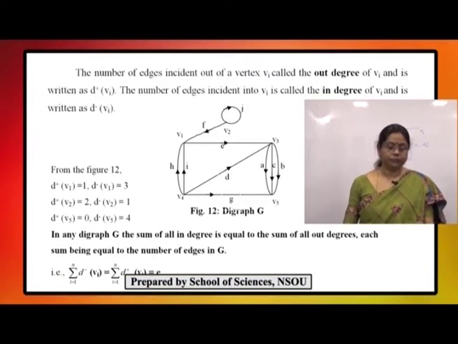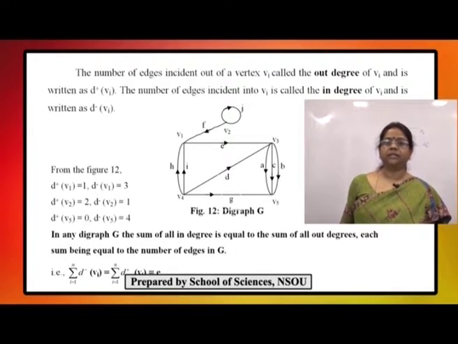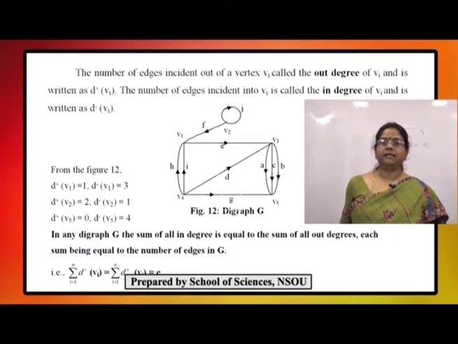Now, we know the result for undirected graph, that the sum of the degrees of all the vertices is equal to twice the number of edges. Here we see that each edge contributes 1 to the sum of all out degrees, and 1 to the sum of all in degrees.